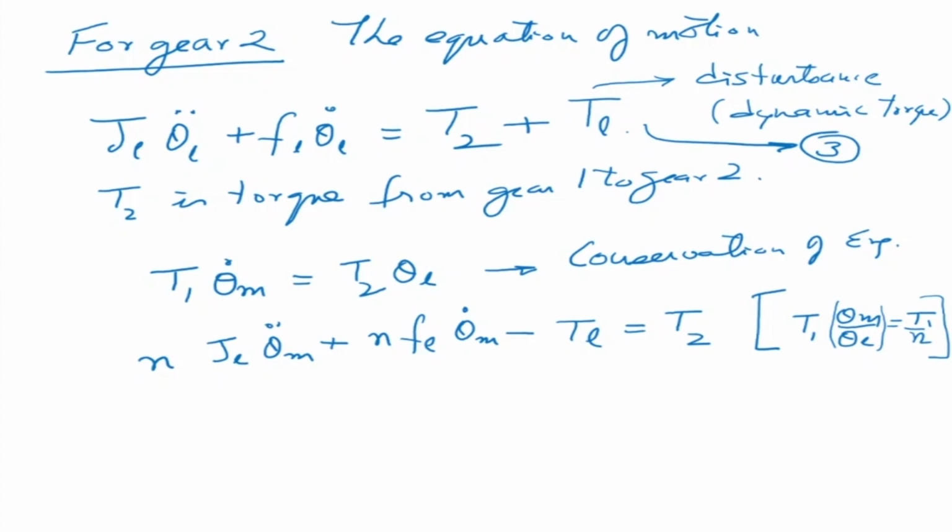T2 is torque from gear 1 to gear 2, and we have this relationship from conservation of energy. What we have basically done is putting 1 in 3, which I didn't write down. So putting 1 in 3, we get this equation. Now we have converted everything in terms of theta m.